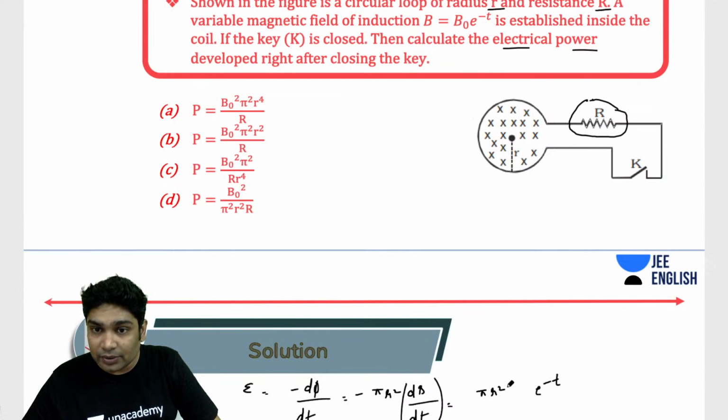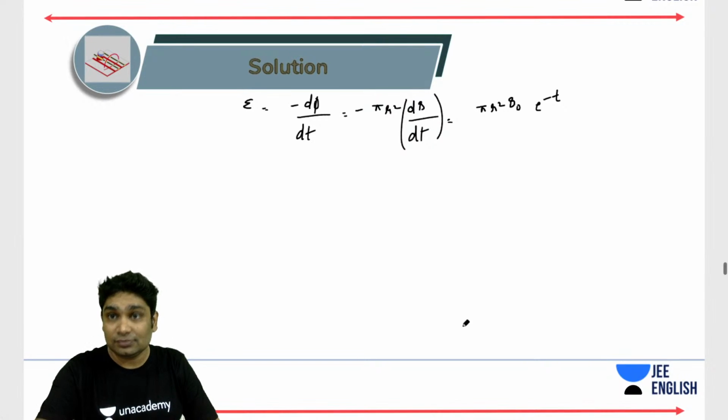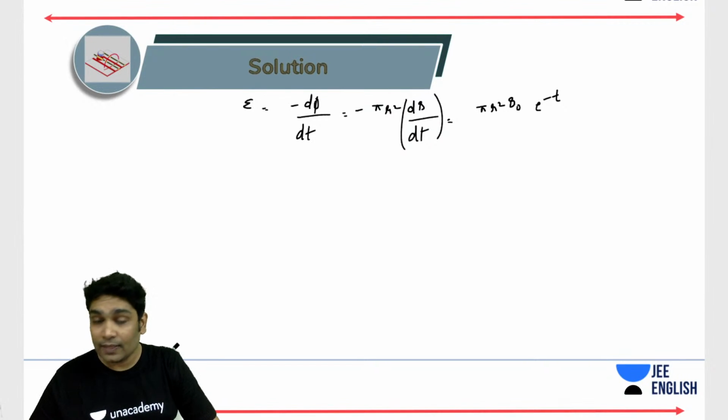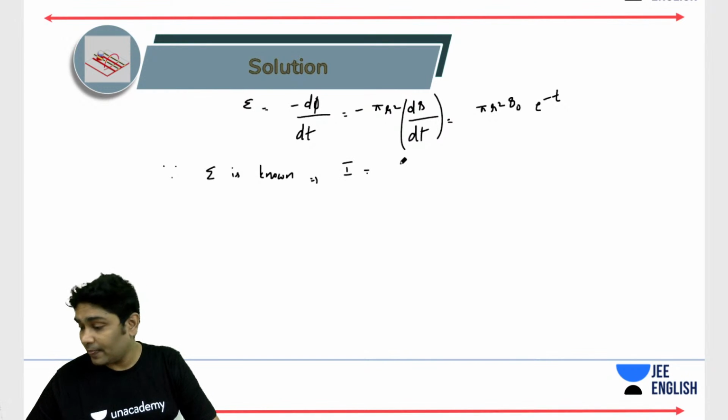Let's write this. Since I know the EMF, I'll also know the current. Let's write the current. Since EMF is known, I can say I would be equal to EMF over R. Agreed.